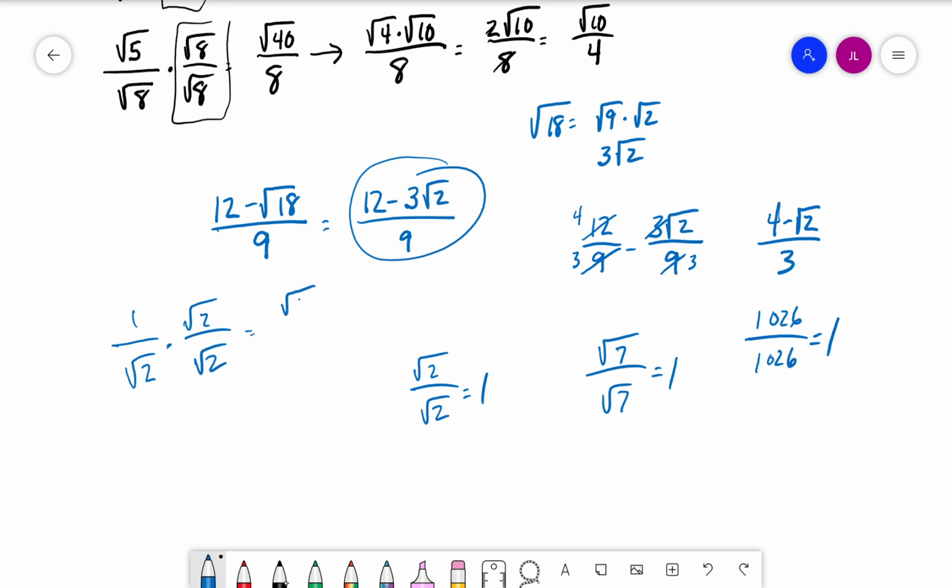So that's how we can get a denominator without a radical. If we get to a situation in an expression or an equation where we have to combine like terms and we have a lot of fractions, we can get rid of these radicals in the denominators and work through the problem.